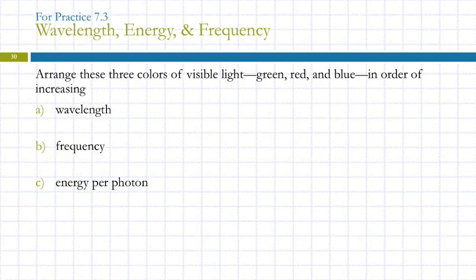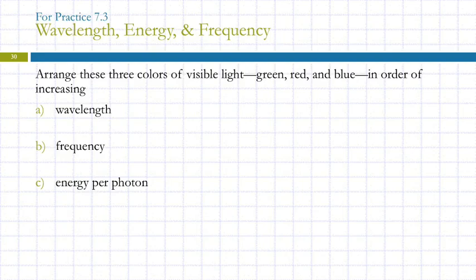Smallest to largest. Okay, I always thought that was obvious, but apparently it's not, because I get a lot of people who put it exactly backwards. So I just want to be clear. Order of increasing means you start with the small and it increases as you go down the list. So we're looking for the small one first and the large one last.